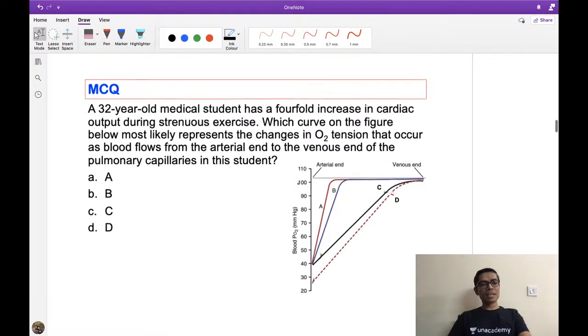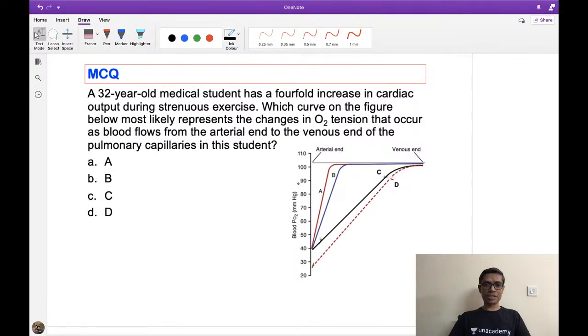The next question is a little difficult, more difficult one. So look at it and try to answer. It may be hard, I'll explain, don't worry. A 32-year-old medical student has a fourfold increase in cardiac output during strenuous exercise.